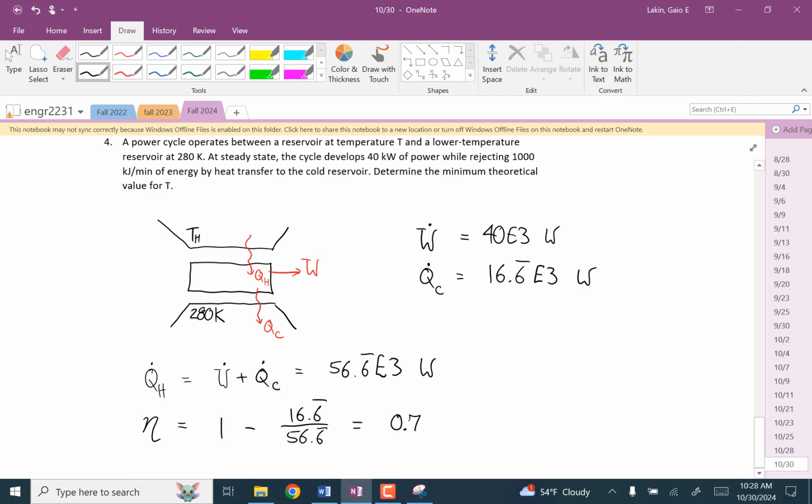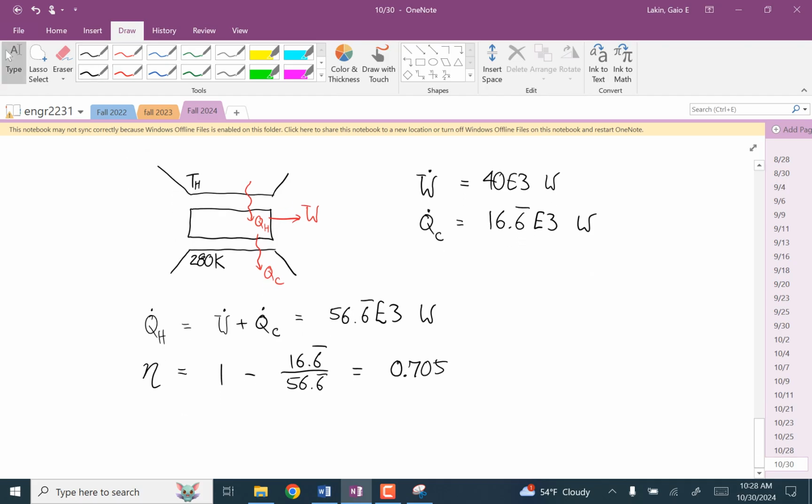Okay, so 0.705. And then we can say the ideal is 1 minus the cold temperature divided by the high temperature. And this is equal to 0.705.